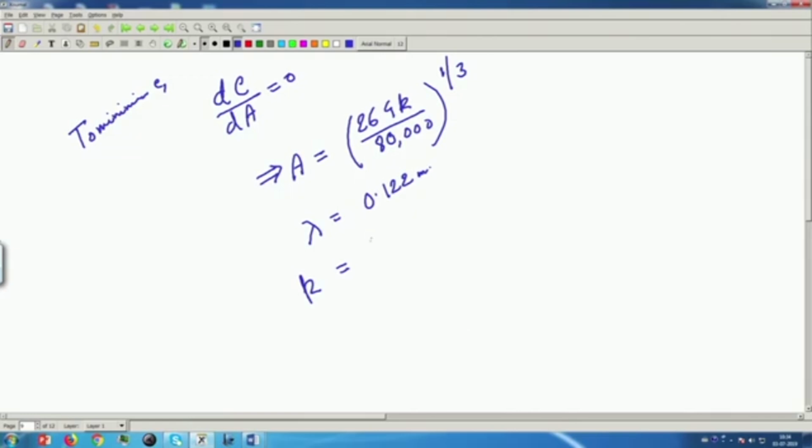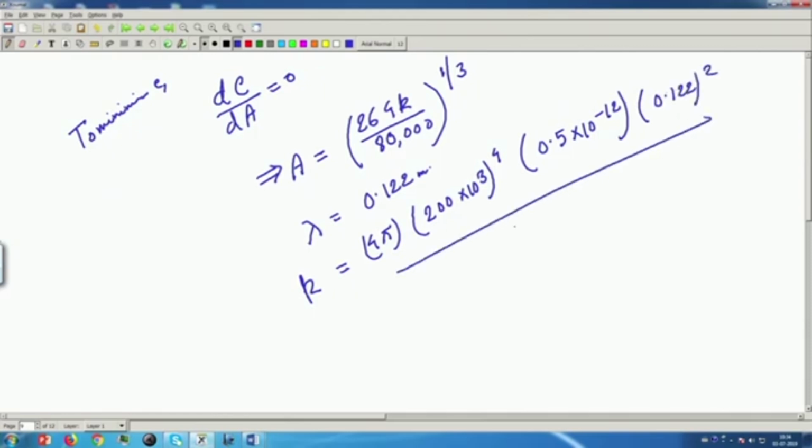So, k is 4 pi into (200 into 10 to the power 3) whole to the power 4 into 0.5 into 10, into 0.122 square by 0.7 square into 10. So, this will be 0.3057 into 10 to the power 8.